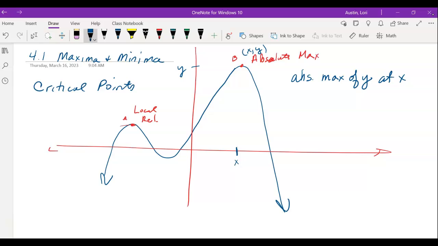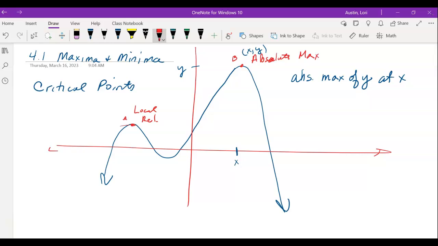Now, when you look at this particular function I put up here, do you see an absolute minimum? Do you see an absolute minimum? Correct. That it would be a no. Do you see a local or relative minimum? All right.